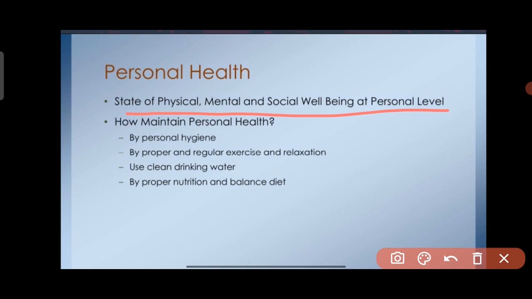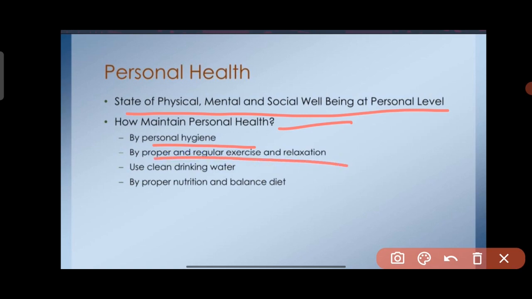Okay, how can we maintain personal health? Firstly we have to maintain personal hygiene.